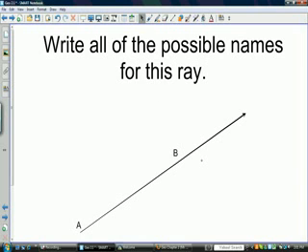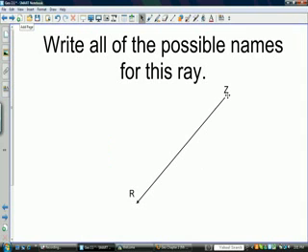Alright, so if we want to write all the possible names for this one, we have AB, and a line passing through like so. If we have this, just like I said before, we start at Z, pass through R, it should look like so.